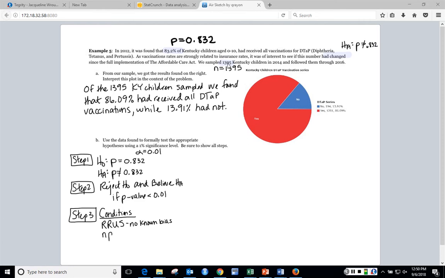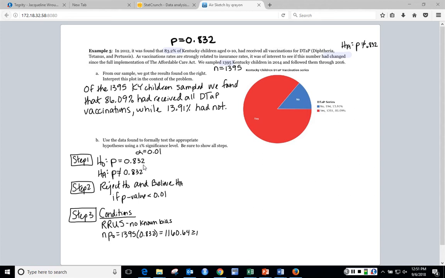Then I need to check that my n times p0 is at least 10. Now my n I already have labeled. My p0, this 0 just matches up to this one to tell me what number to use, so it's going to be that 0.832. So we're going to take our 1,395 times that 0.832, and we get 1,160.64.